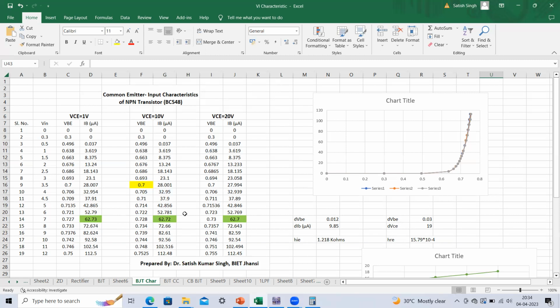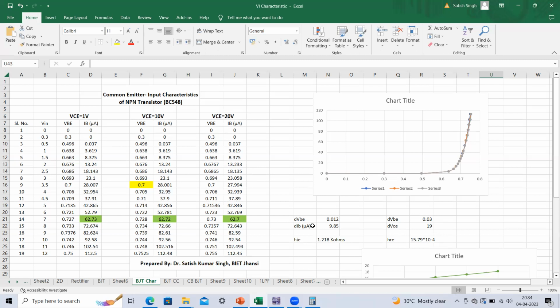Okay. So here you can see if we choose this VCE equal to 20 volt curve and VCE equal to 1 volt curve, we can even get the curve corresponding to VCE equal to 0 volt. Here I have just taken VCE equal to 20 volt and 1 volt, so this delta VCE will become 19 volt.